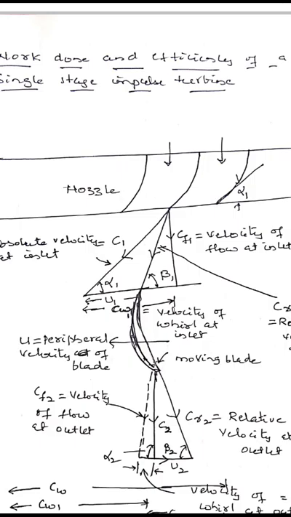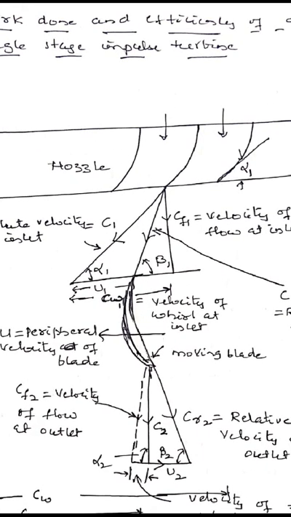is made to flow over a symmetrically curved blade and suffers a change in direction due to the curvature of the blades. Hence, there is a change in velocity and momentum of the steam. Force is given to the blades, which is equal to the rate of change of momentum.